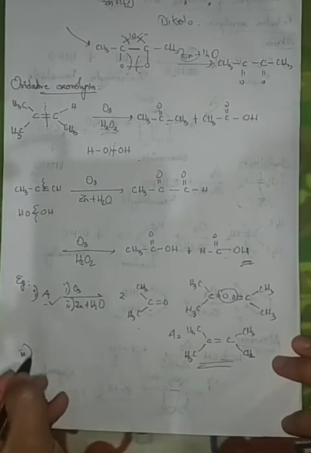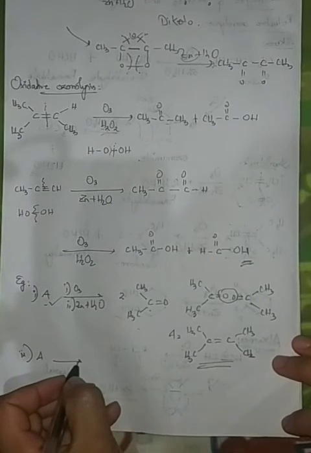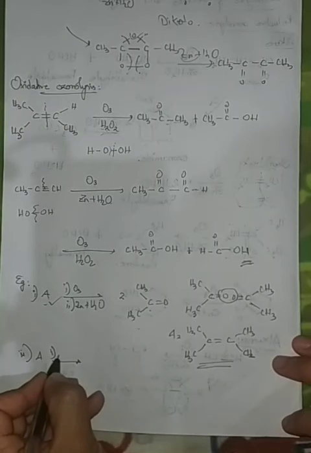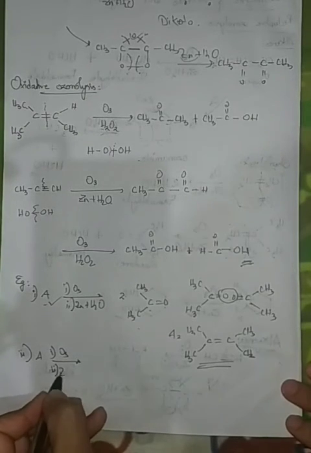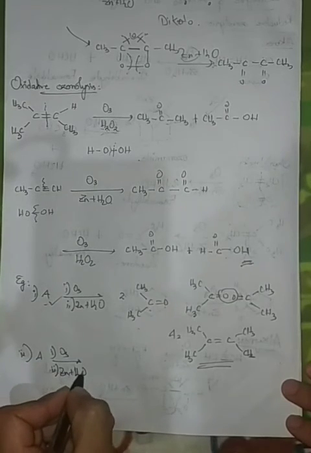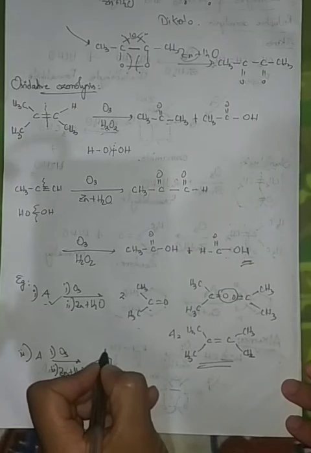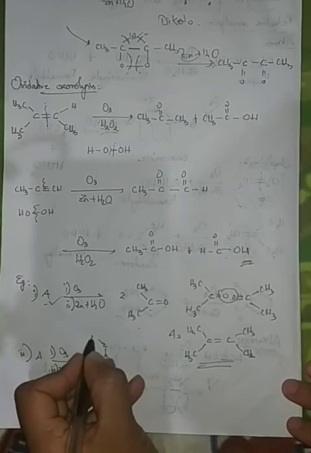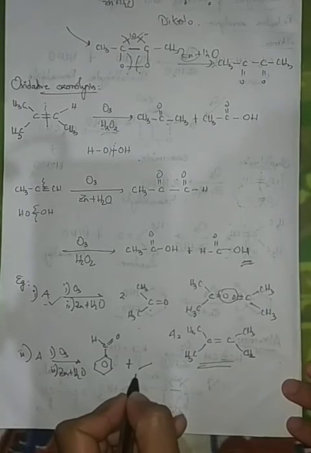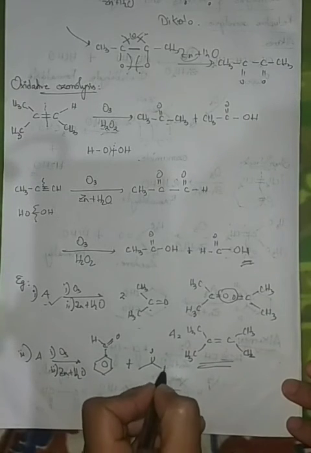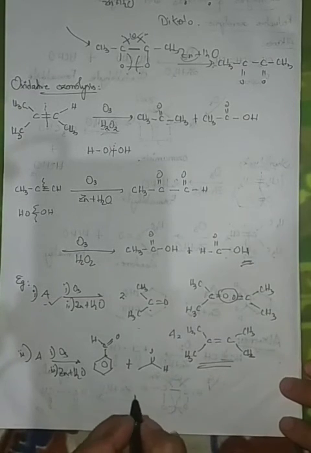Let's take another example here. A is given. Then what will be our product here? A is given. First one is O3, and then Zn plus H2O. The products are a benzene ring with carbon H double bond O, plus double bond O H. Now just attach these two products in the reaction medium.